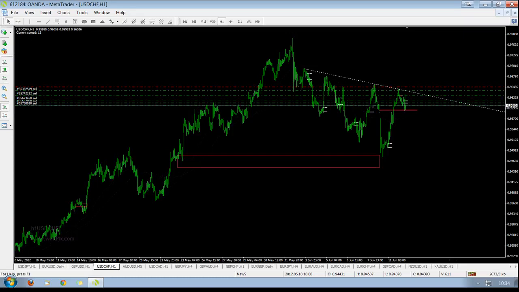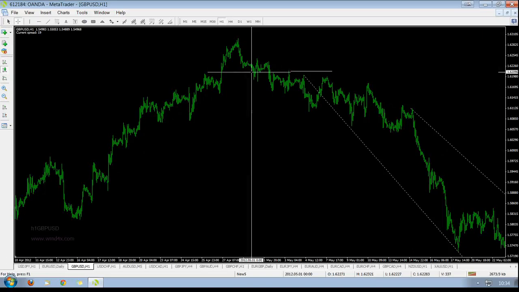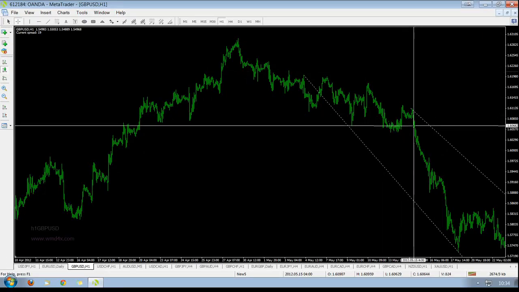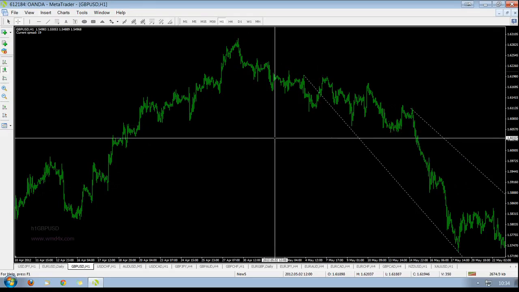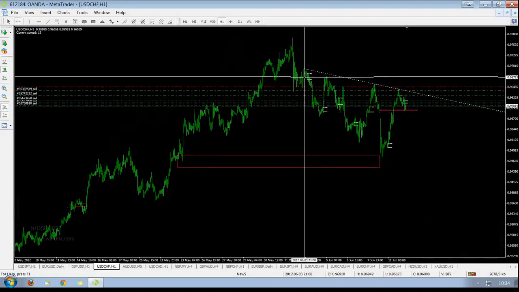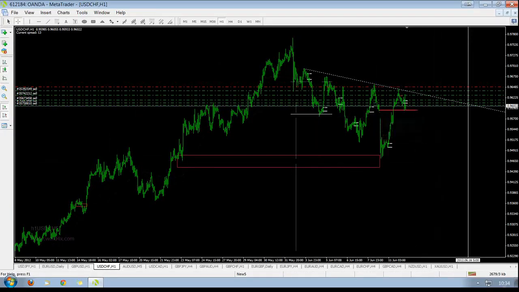I haven't really measured it, but starting on the 1st of May, and in fact, it wasn't until the 14th, 15th of May until she tanked. So 2 full trading weeks. If we're looking at the dollar Swiss, this is something which started around about the 1st of June, right? And today is the 11th, right? So, is this going to do the same thing?